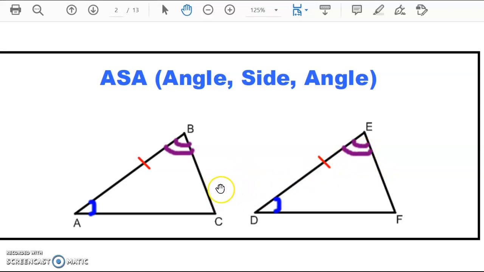It doesn't matter what all the other sides are marked or not marked, and it doesn't matter about that other angle. If you have two angles and a side in between, here's angle, side, angle, two angles and a side in between, marked up from both triangles, that's enough to say that these two triangles are congruent. And the reason would be the ASA postulate.